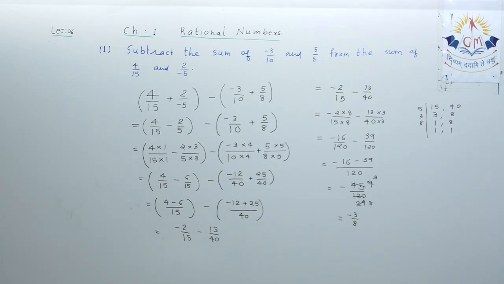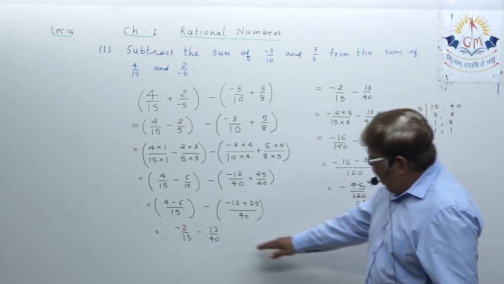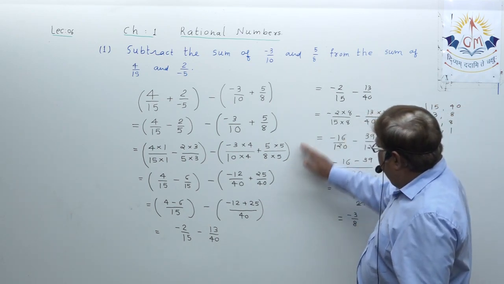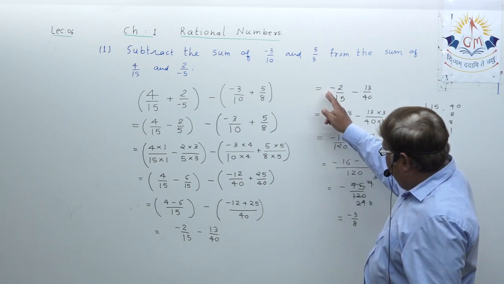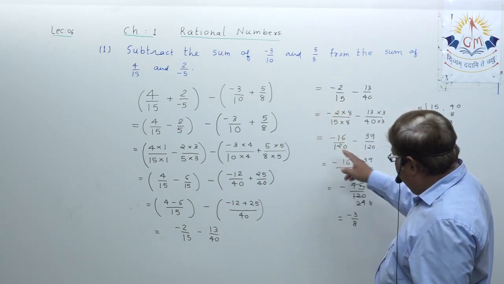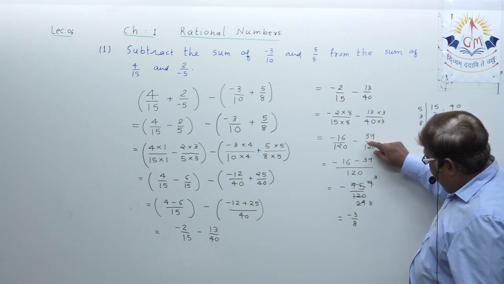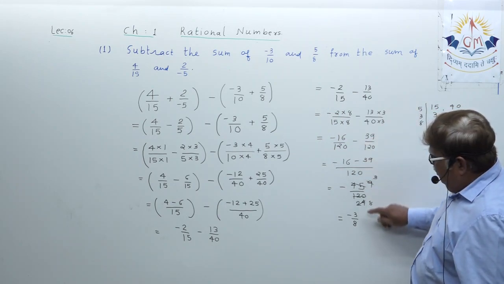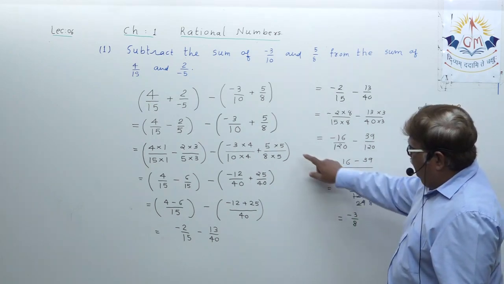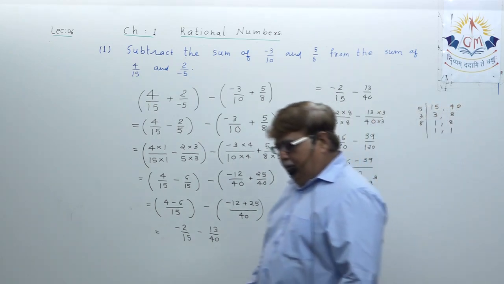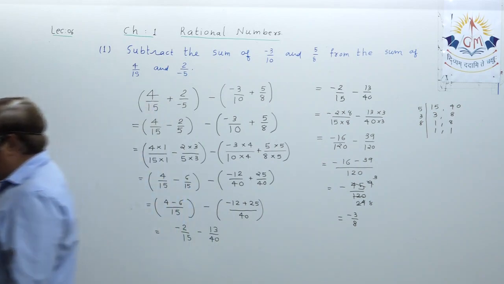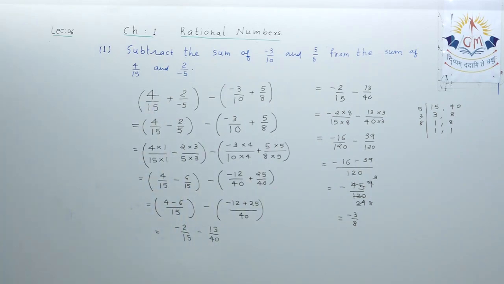But first you need to verify. From here I have continued the sum here. How to take LCM? Understand, no mistakes should occur in this. So that is the way you need to be very conscious about.